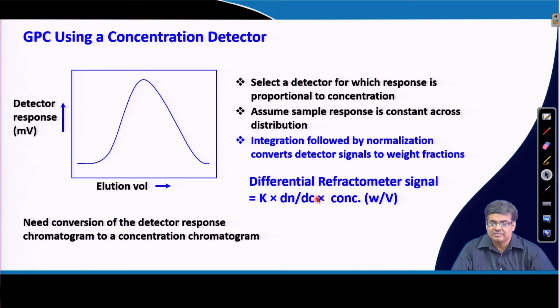In this case we assume that this K and dN/dC value do not depend on the molecular weight of the sample; the detector signal only depends on the concentration of the sample present in the solution. In that case we can do an integration followed by normalization to convert the y axis response to a weight fraction.